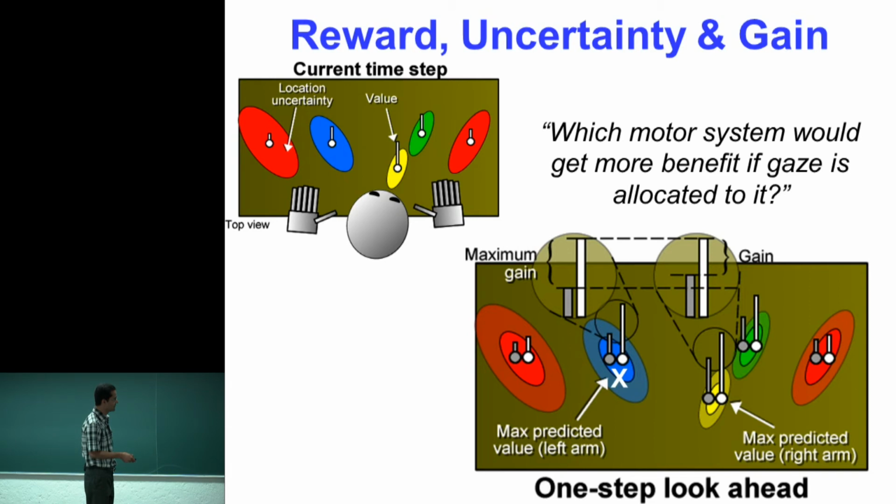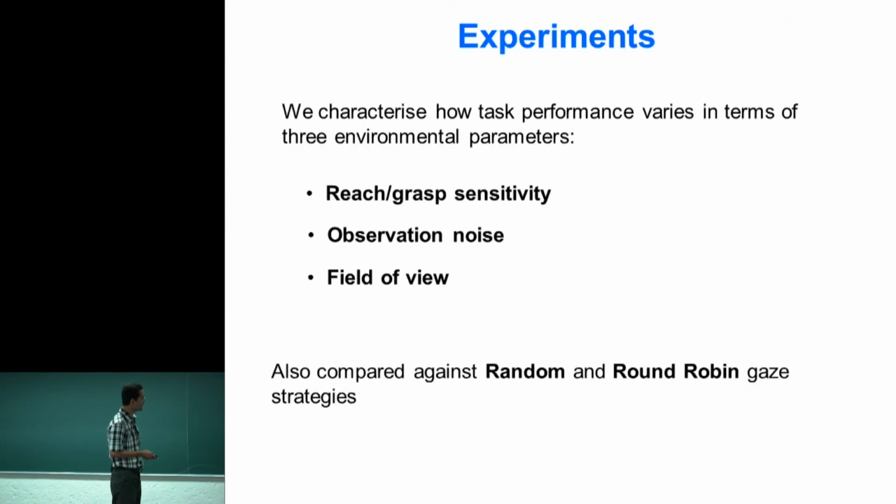Now we are going to choose this one because the gain that we get here, the difference between the previous value and the new value, is higher here. So I'm going to choose this object instead of this one.